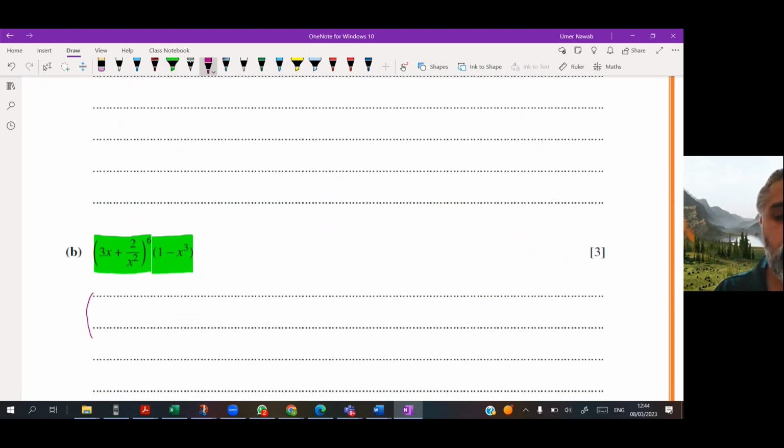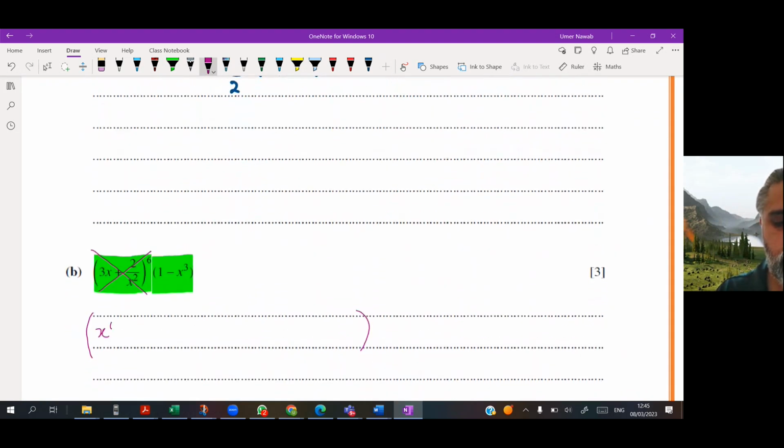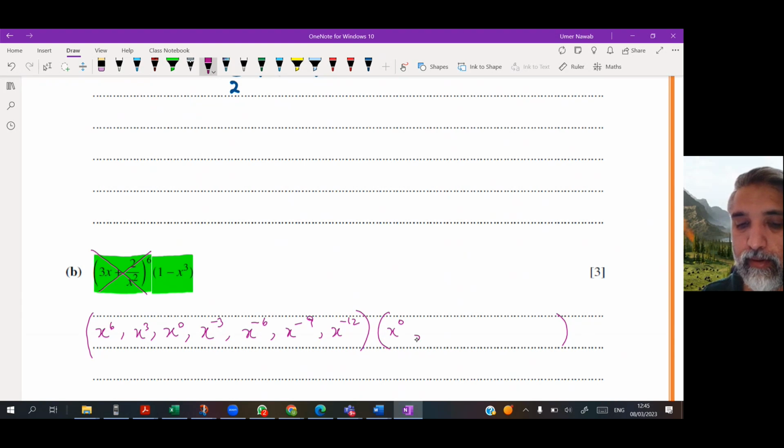As you have seen in the previous case, when we expanded this, the powers of x came to you: x power 6, then x power 3, x power 0, x power minus 3, x power minus 6, minus 9, and minus 12. And how 1 minus x power 3 will give you, when you expand it, it is obvious. You will have x power 0 and x power 1, 2, and 3.